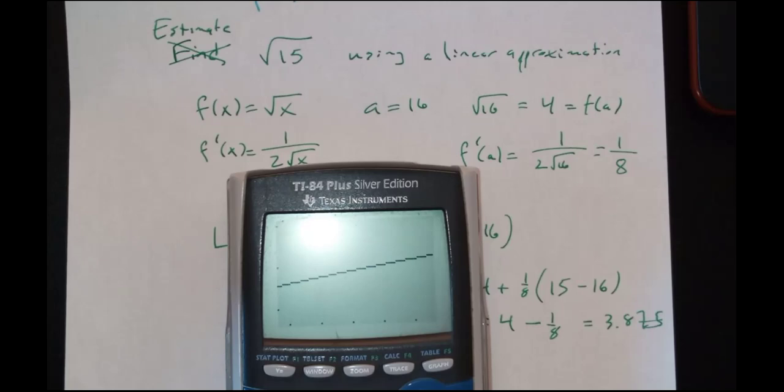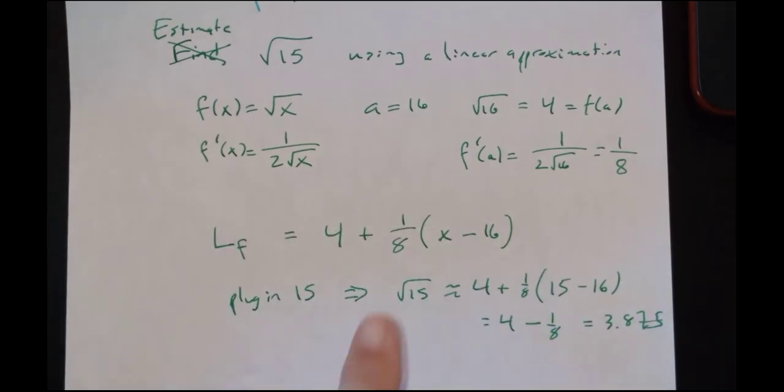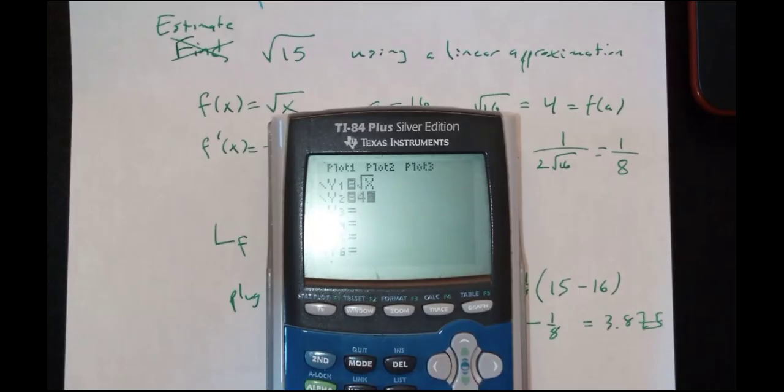let's graph the line we were just looking at. The equation of our line. Let's graph that. 4 plus x minus 16 divided by 8. Instead of writing the 1/8 in front, I wrote it at the end.